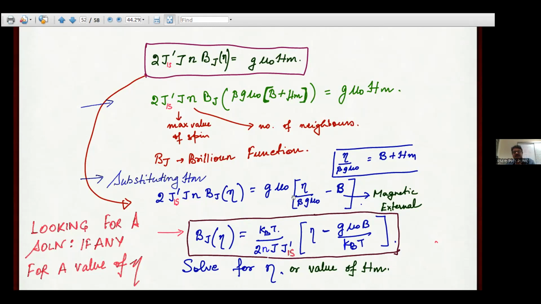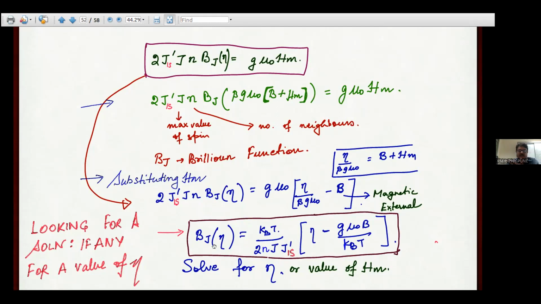So on both sides of the equation, now you have eta, and HM goes missing because you have substituted HM in terms of eta and B, right? And then you're writing the Brillouin function. These prefactors, you're putting in the denominator, taking these terms inside the square brackets, and this relationship becomes the Brillouin function equal to kBT.